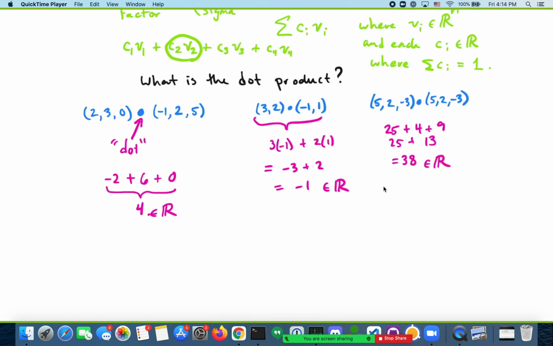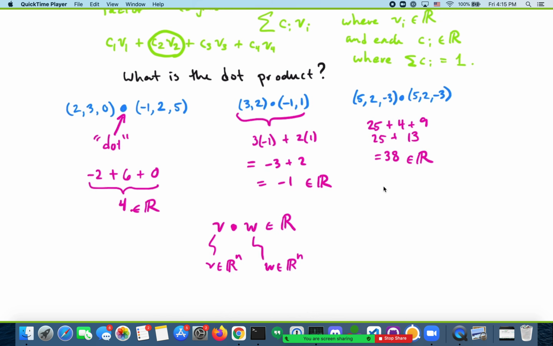That's a real number. So in general, if you have v dot w, the answer will be a real number, even if v is in Rn and w is in Rn. So the dot product, this dot, it eats two vectors and spits out a real number. Now, I want to pause for a moment, and there are different symbols for this.